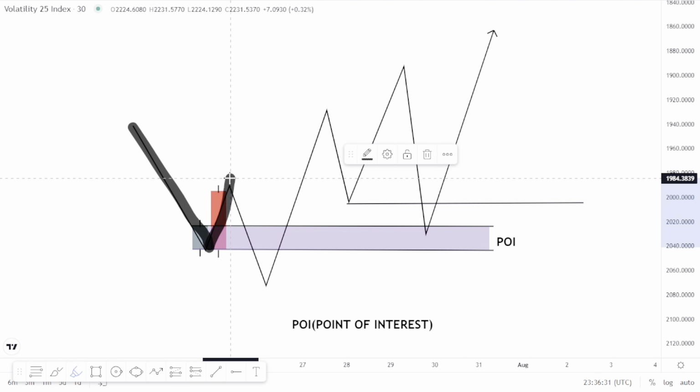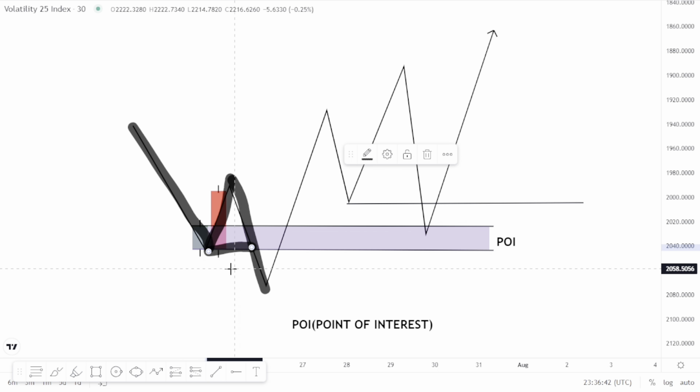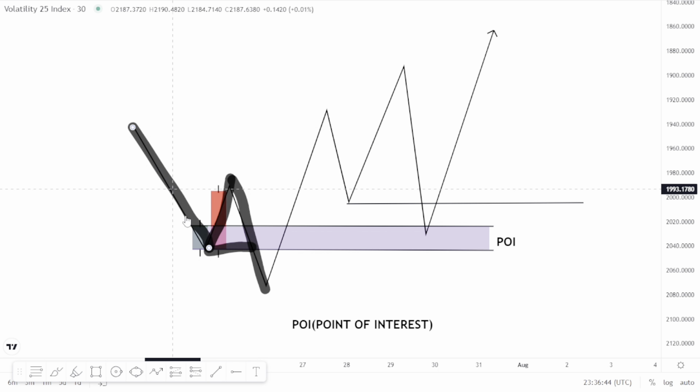The market makes a retracement, a pullback, creating a high, and then comes back to sweep and take out this low. The market is moving to the downside, creates a higher low, and then comes back to take out this low.